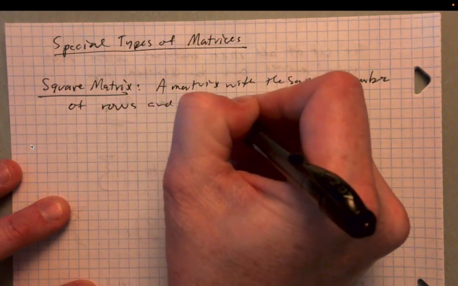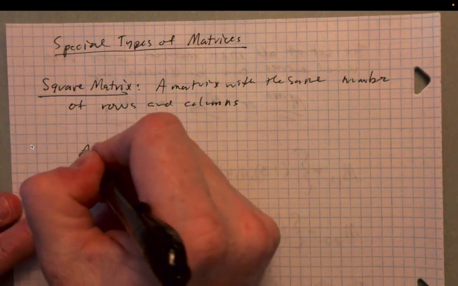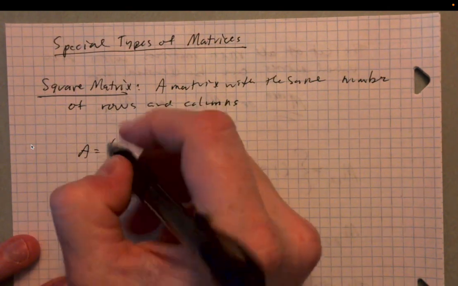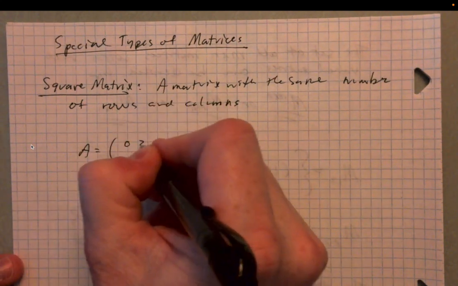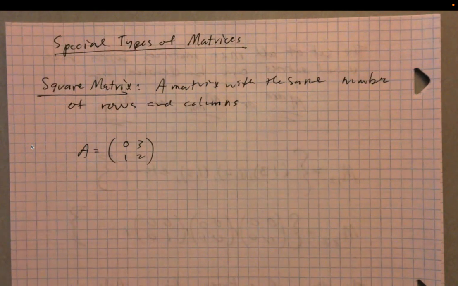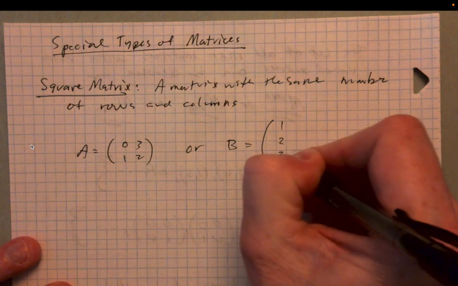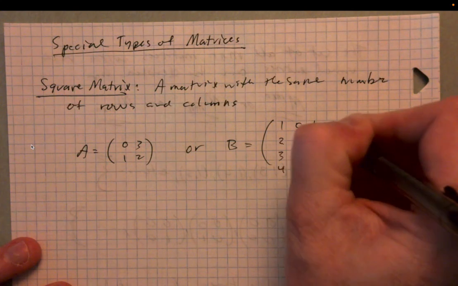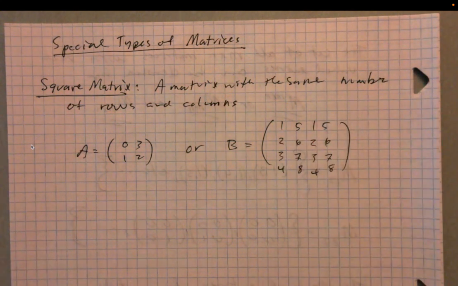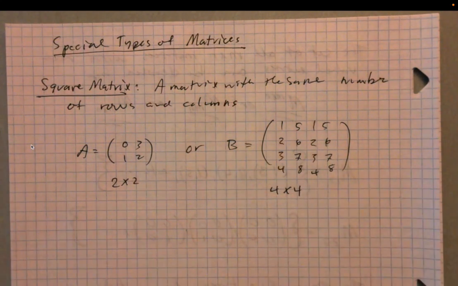There are a lot of interesting things about matrices in general, but very many things that are specifically interesting about square matrices. Something like this is a square matrix. Another example would be something like that. This is 2 by 2, this is 4 by 4. Square matrix.